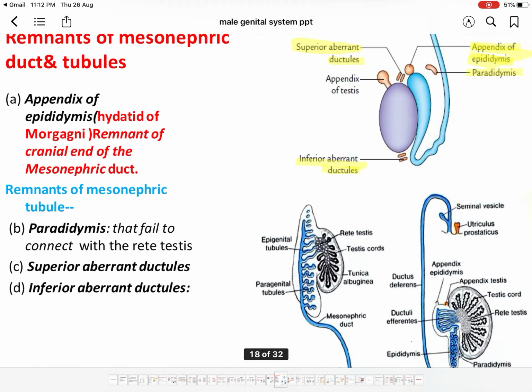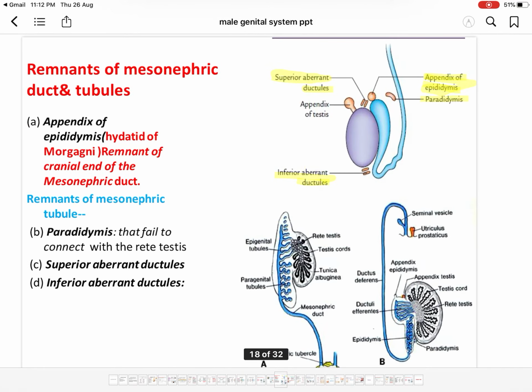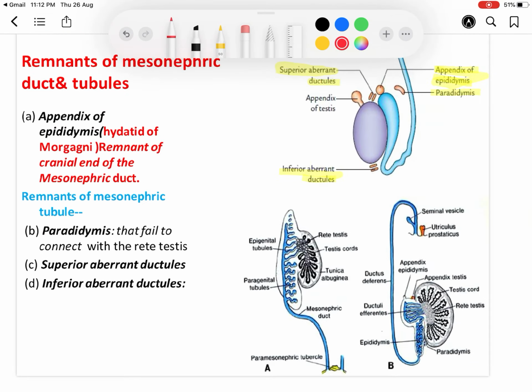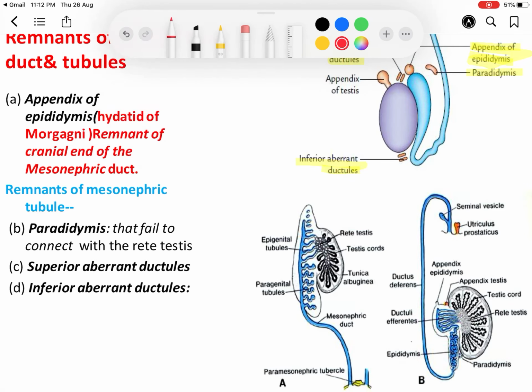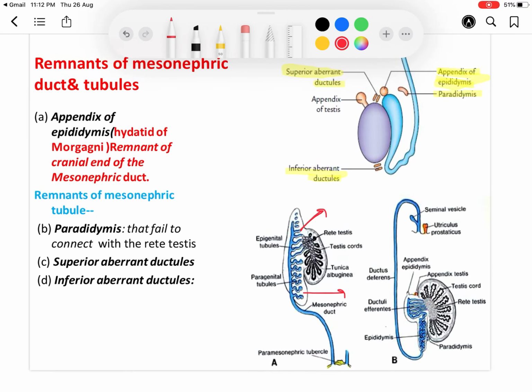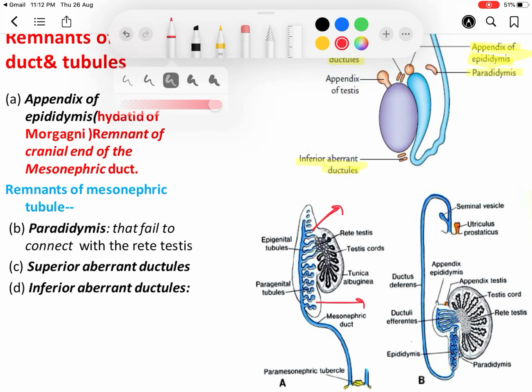Now we come to the remnants of the mesonephric duct or mesonephric tubules. I have told you that in the upper part, the mesonephric tubules which don't make any communication with the rete testis will form the superior aberrant ductule. This is the superior aberrant ductule, and these are the inferior aberrant ductules.